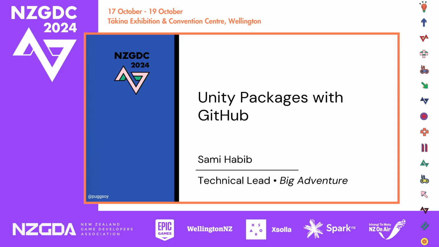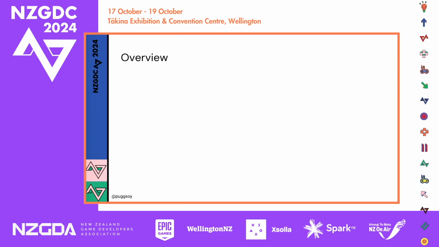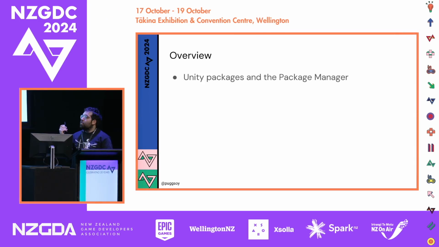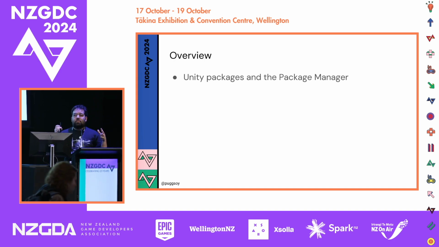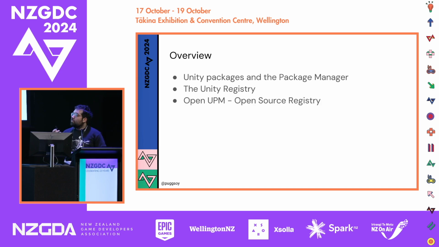I'll just get started. I'll go over the overview of what I'm actually going to cover in this talk. First off, the idea of this talk is to talk about Unity packages and the package manager system. So I'll go over that. The Unity registry, which is where you can get packages that are Unity packages.